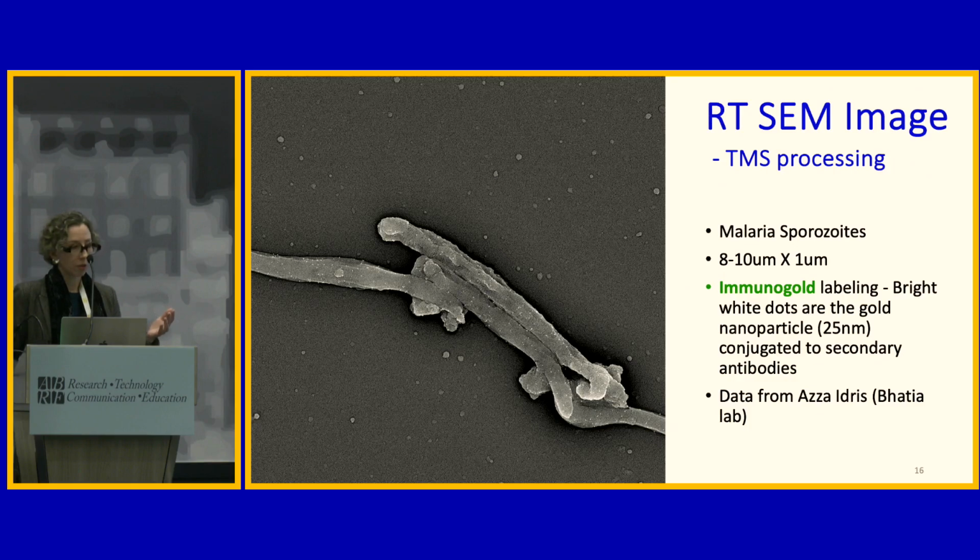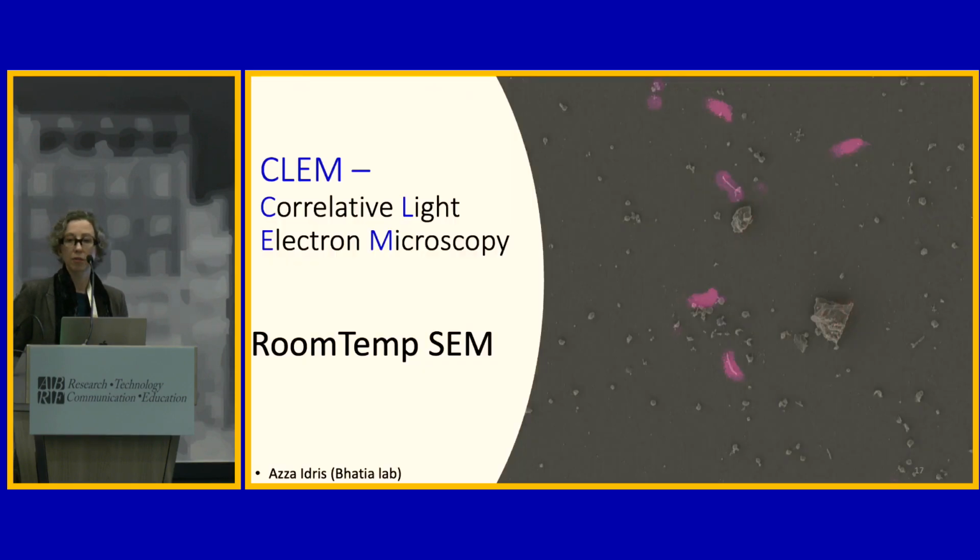We can also do workflows where we utilize fluorescent imaging. So CLEM is a terminology that you will hear thrown around sometimes. CLEM just stands for correlative light electron microscopy. It's a very broad umbrella terminology, can account for many different kinds of workflows, anything where you're doing upstream light microscopy imaging to target regions of interest for downstream EM.